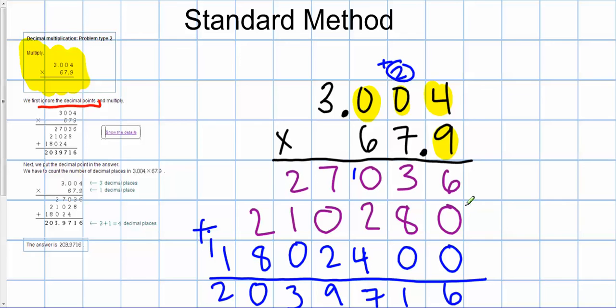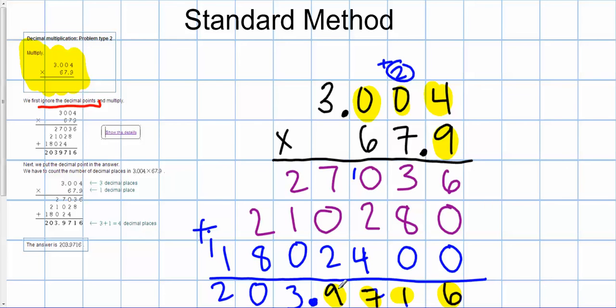So how many total numbers should be behind my decimal point in my final answer? If you said 4, you got it. 1, 2, 3, 4. So my decimal point is going right here.